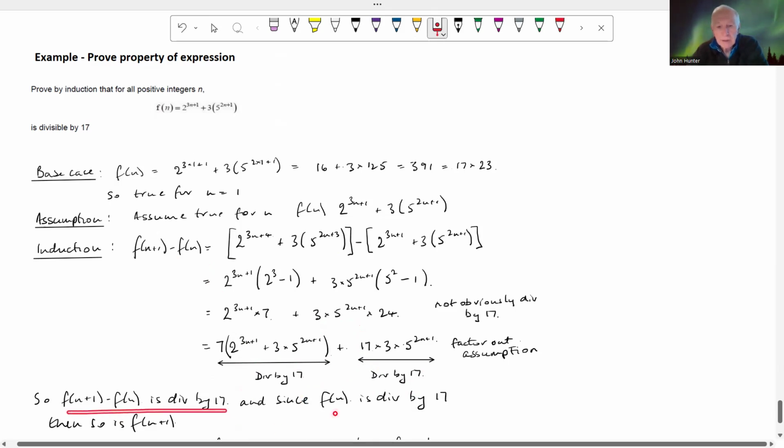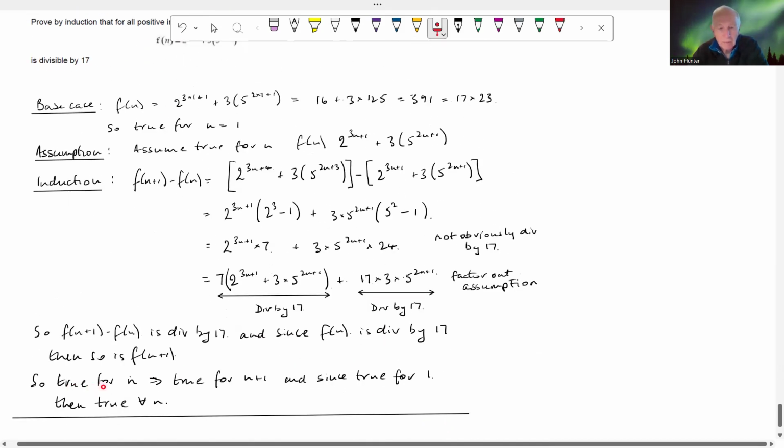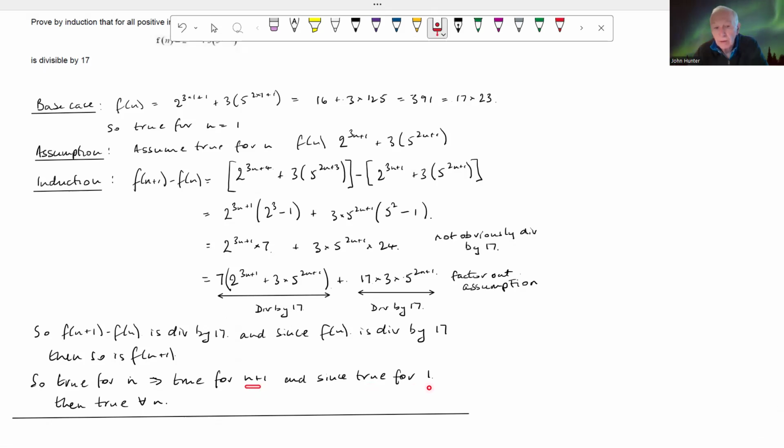And since f of n is divisible by 17, so must f of n plus 1. So being true for n implies that it's true for n plus 1. And since it's true for n plus 1, then it's true for all n. That's our conclusion step there.